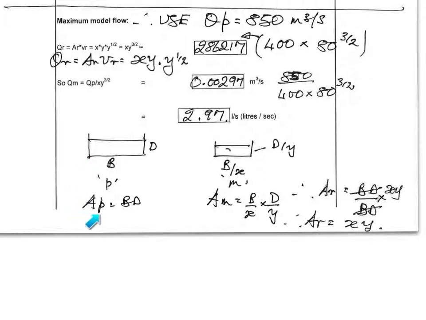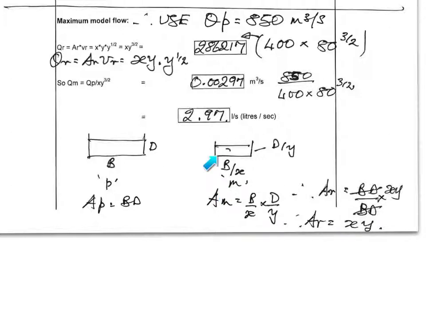Down below here we've just given a brief resume, which is something you should be able to do, just to show that the ratio of the areas, prototype to model, is in fact given by the product of the two scales, x, y. You can see how we've done it. In the full scale, the area of the prototype is b times d if we had a channel of breadth b and depth d.